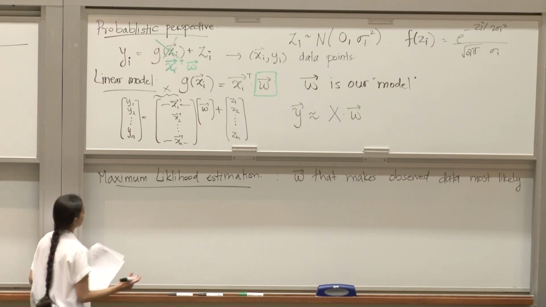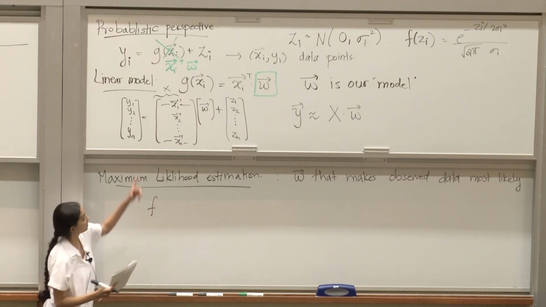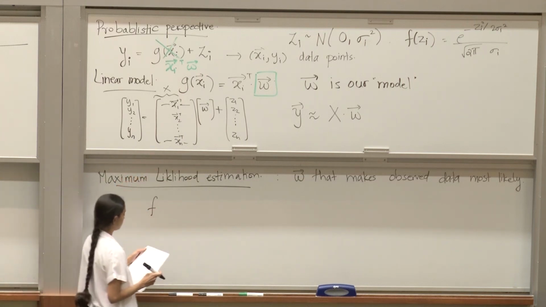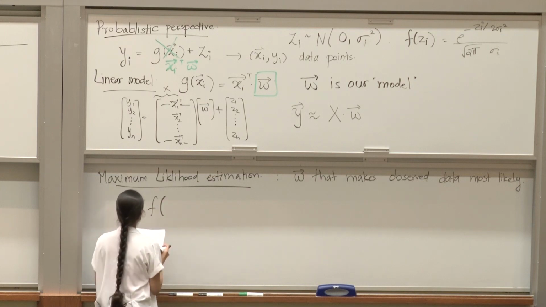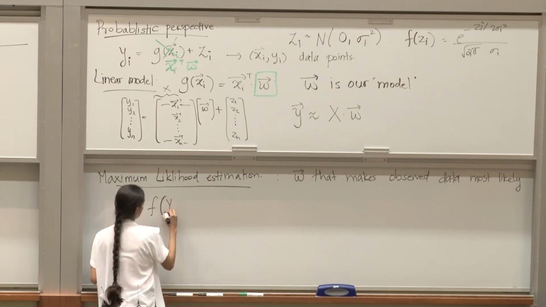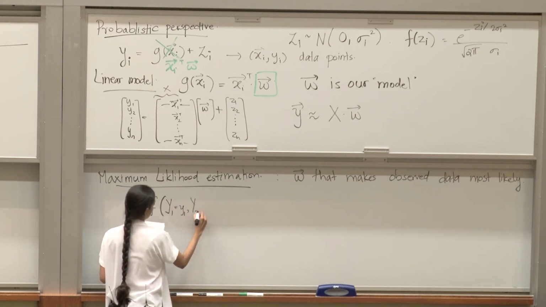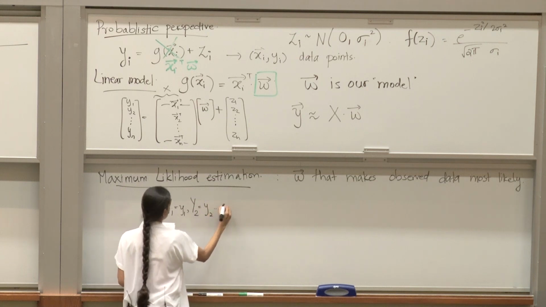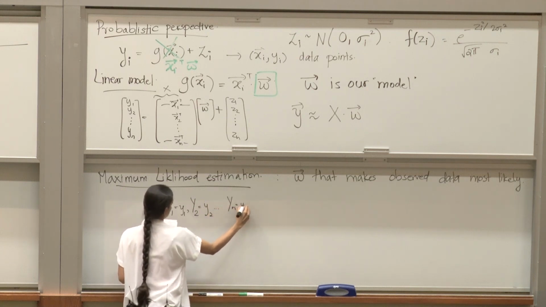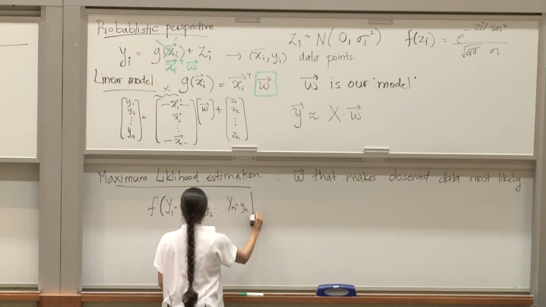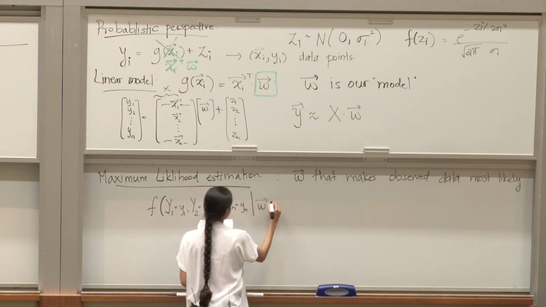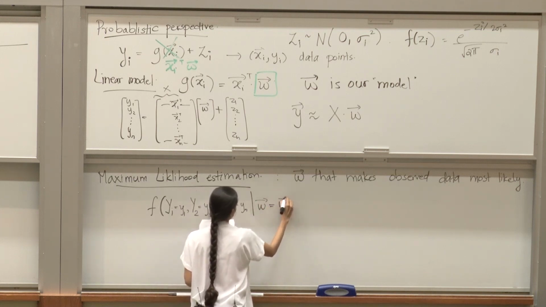we want to consider the density, the joint density of all of our data points. So I'm considering the joint density f of, what is the probability that my first observation is y1, my second observation is y2, my nth observation is yn, conditioned on w equal to w naught.